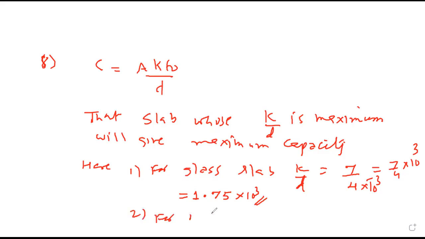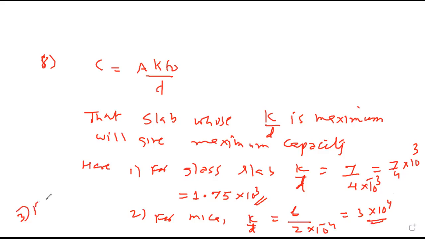For mica, K by D equals 6 upon 0.2 millimeter, 2 into 10 raised to minus 4. That is 3 into 10 raised to 4.